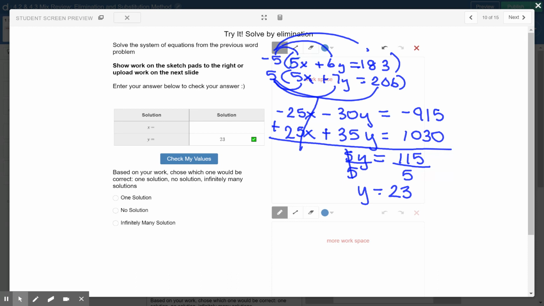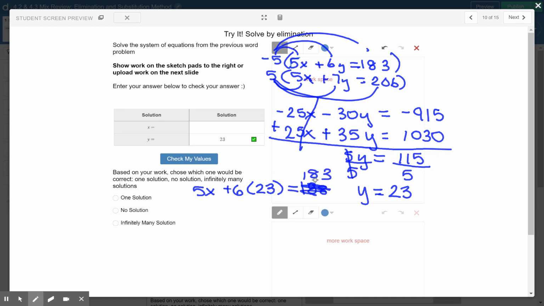Okay, we got this correct. And then plug it into the easier equation. In this case, they look very similar. So I'm just going to choose the first one. And I'm going to replace it with the y value. Make sure you write it correctly.